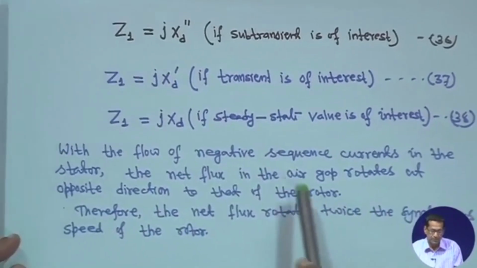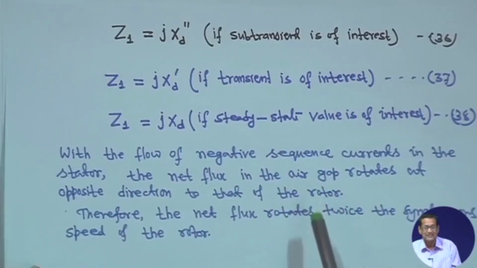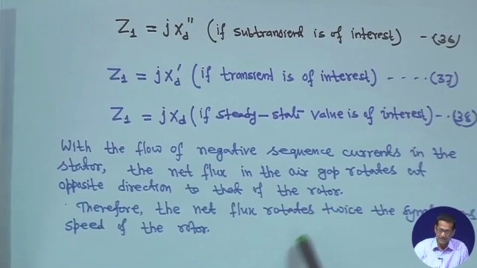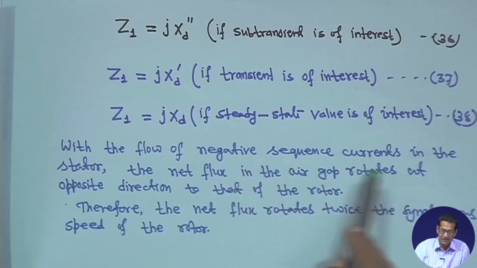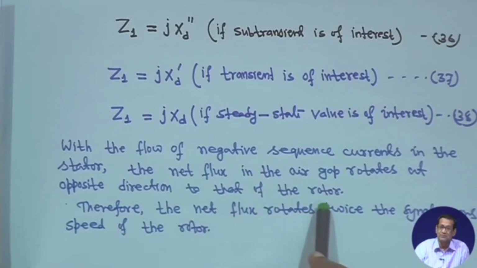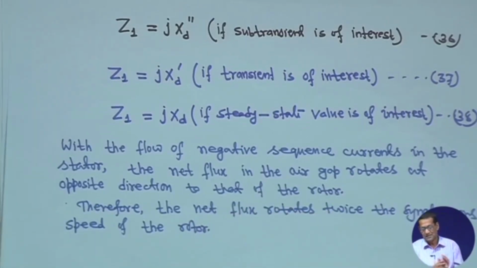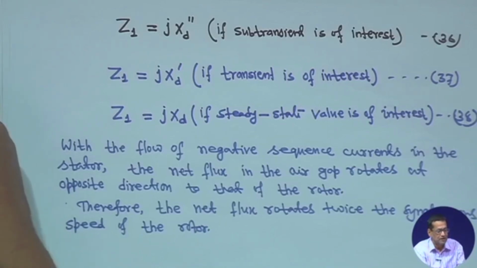With the flow of negative sequence current in the stator, the net flux in the air gap rotates in the opposite direction to that of the rotor. That means the net flux rotates at twice the synchronous speed relative to the rotor. This is also known to you from your electrical machines.